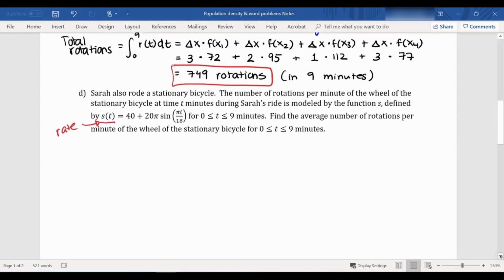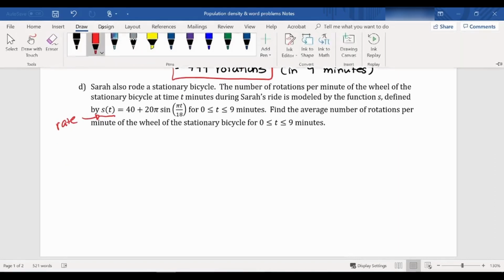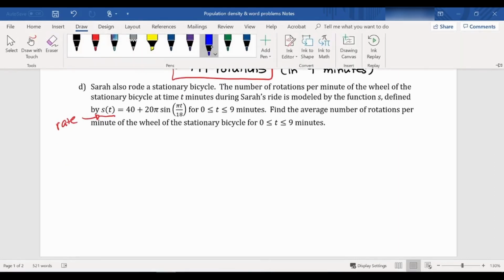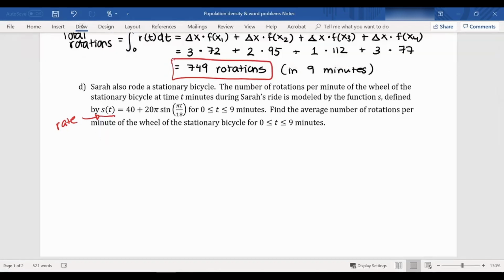So we know that her total number of rotations in 9 minutes would be the integral from 0 to 9 of S of t dt.